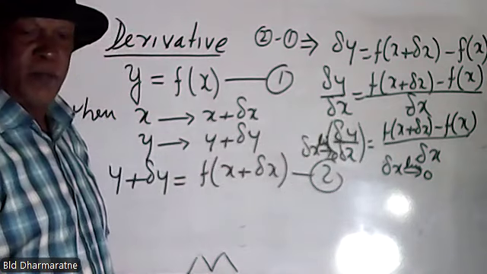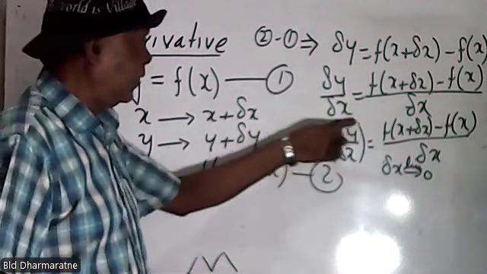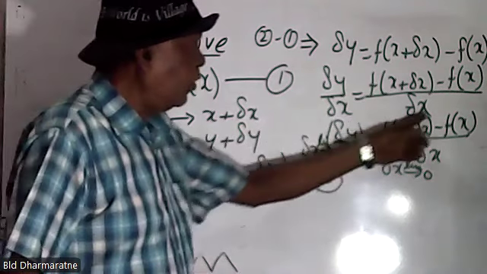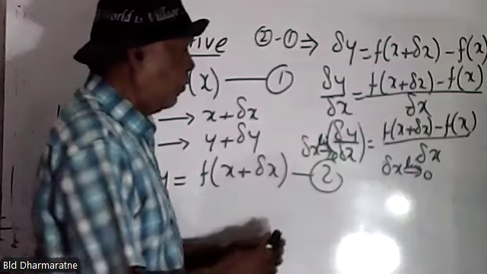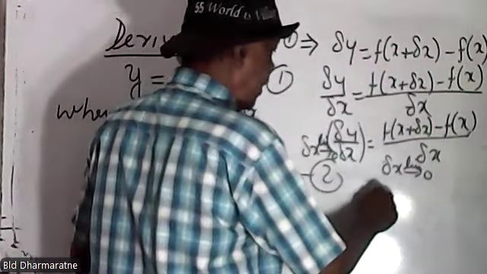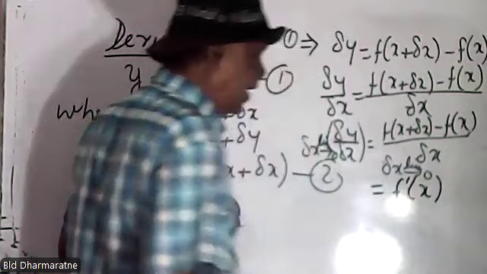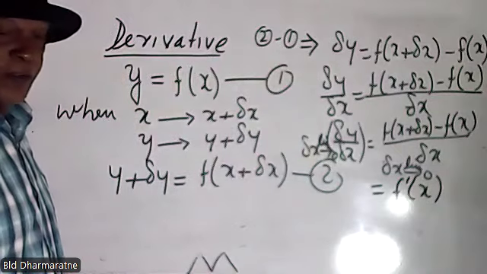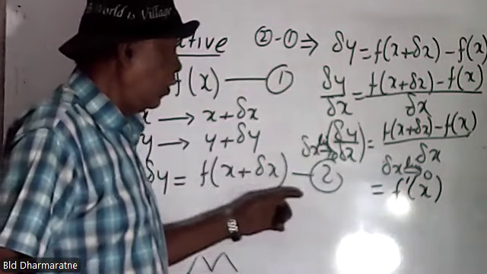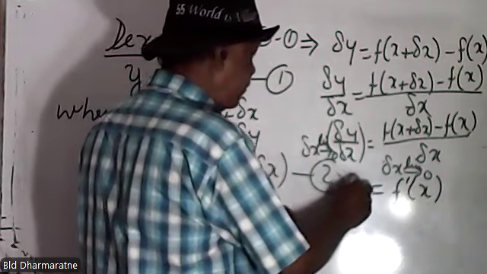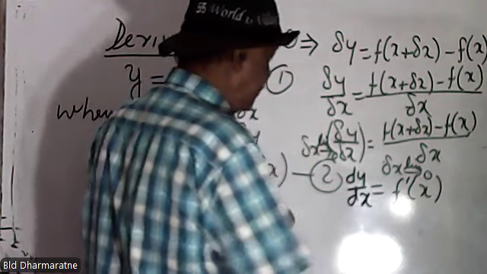This is the famous differentiation of functions, dy by dx. And the right-hand side is normally denoted f dash x. That means the first derivative of the function f of x, dy by dx.